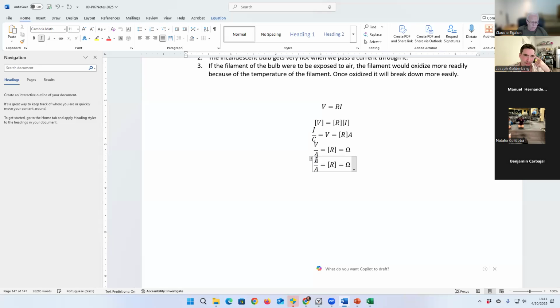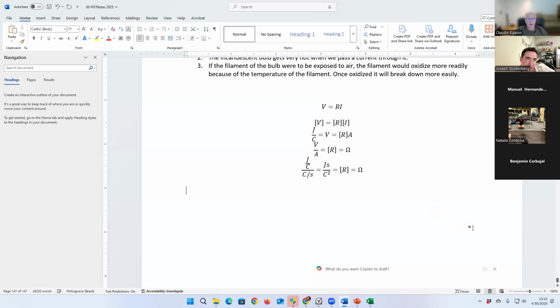So here you go. Volts is joules per coulomb. Amps is coulombs per second. When you solve that, you get joules seconds upstairs, and coulomb squared downstairs.